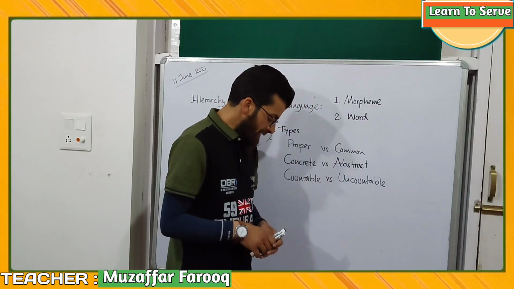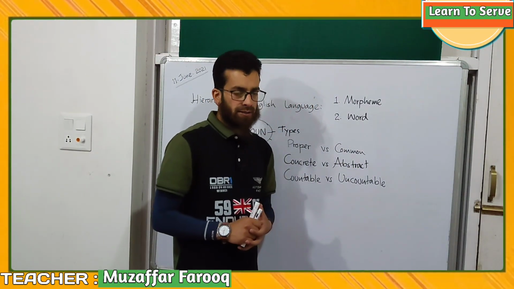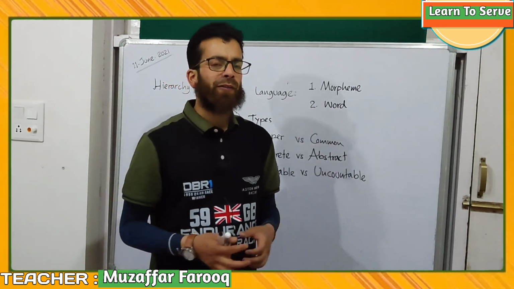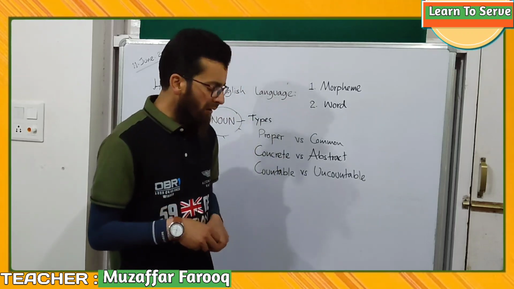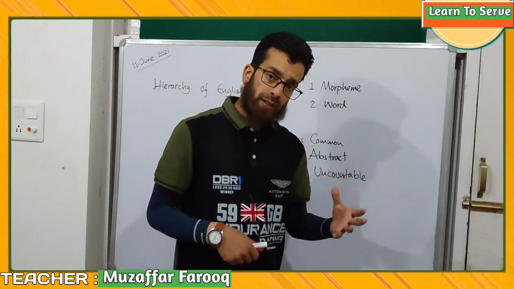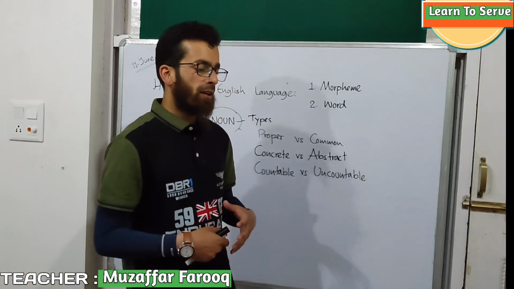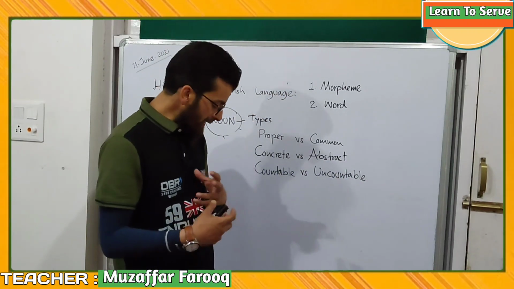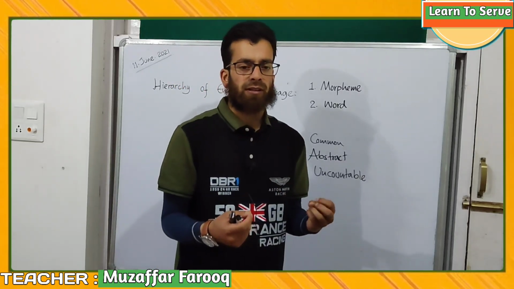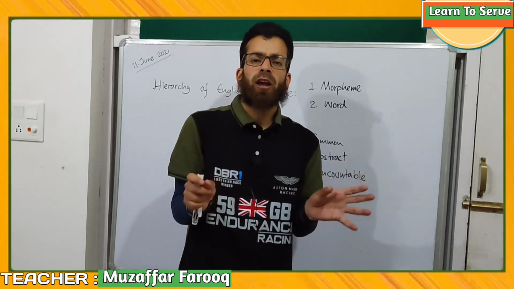As far as uncountable nouns are concerned, the simple definition of uncountable nouns is that these are the names of materials, liquids, anything which is an abstract quantity, anything which is an abstract idea.